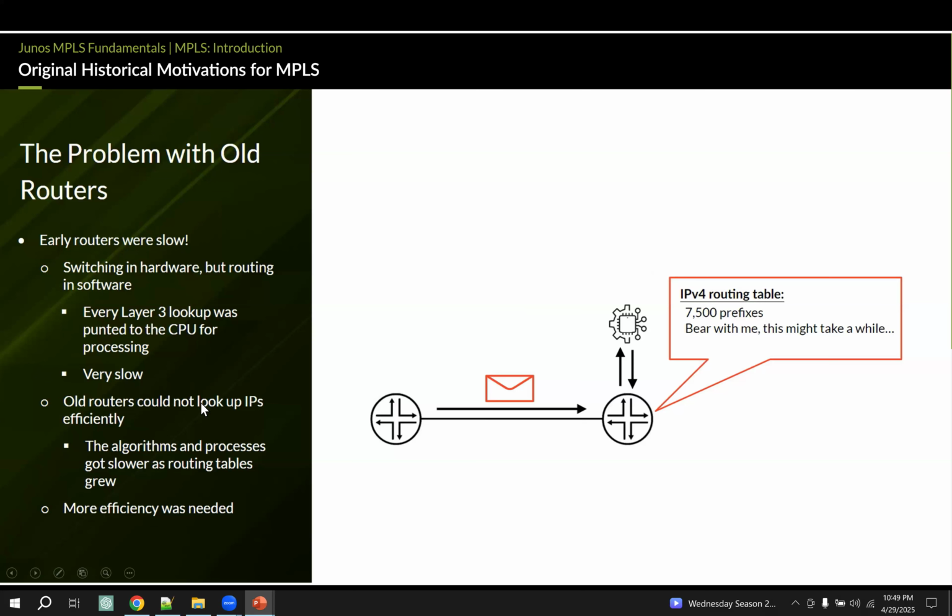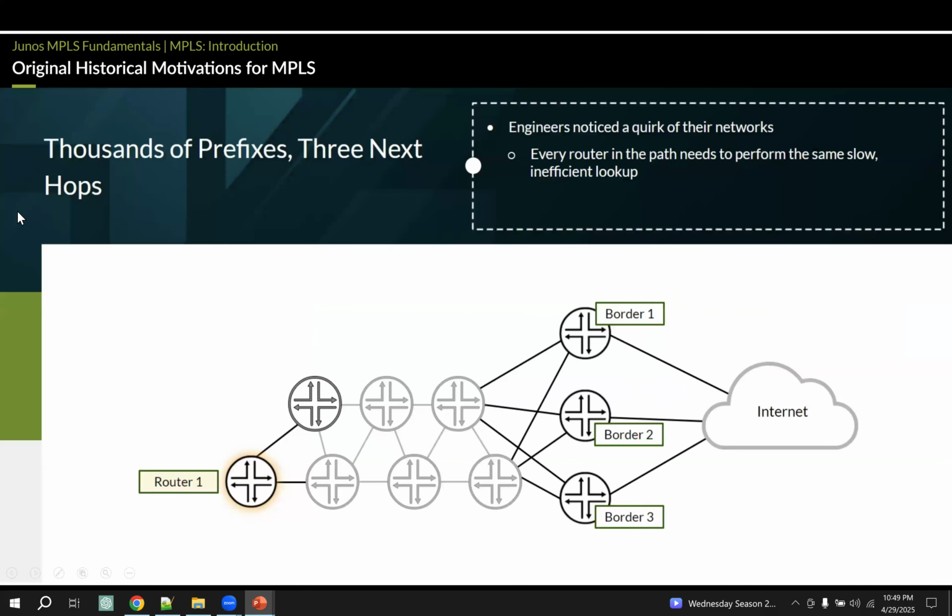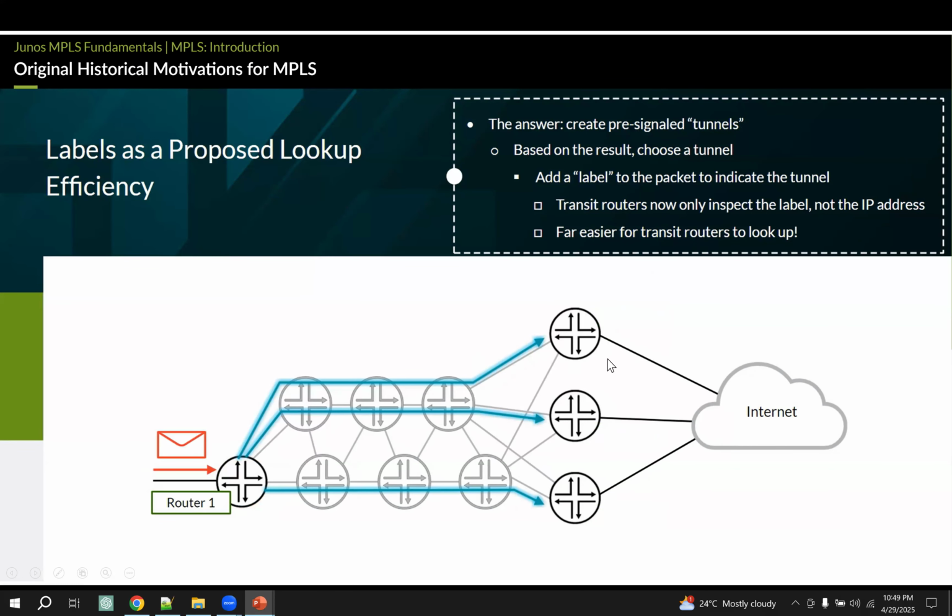Old routers could not look up IPs efficiently. The algorithm and process got slower as routing tables grew. More efficiency was needed. That means you need upper model or new hardware. Thousands of prefixes, 3 next hops. Now consider an example topology with labels proposed for lookup efficiency.